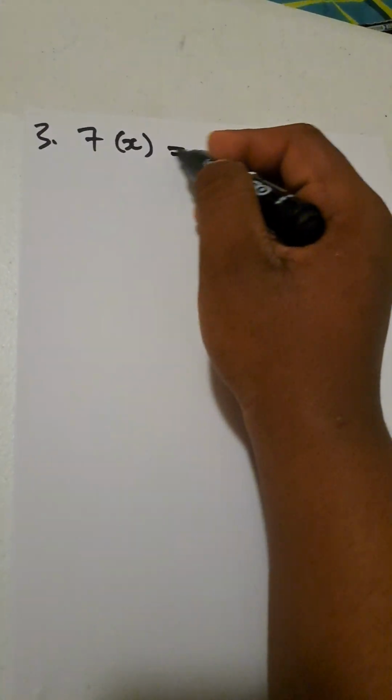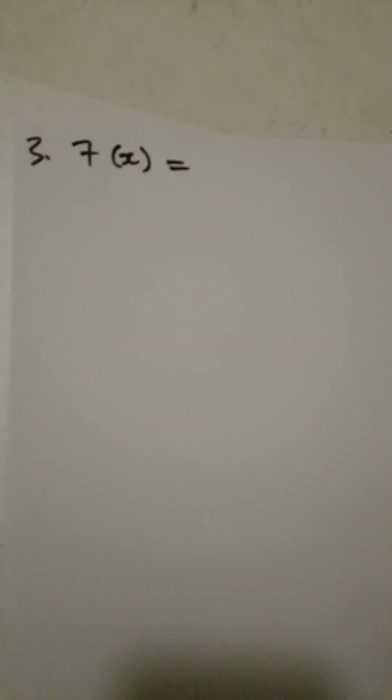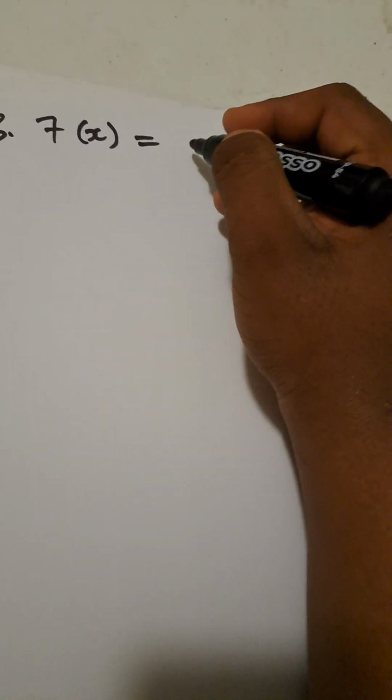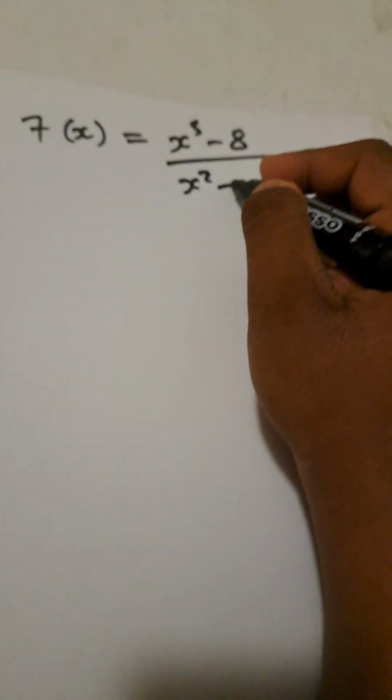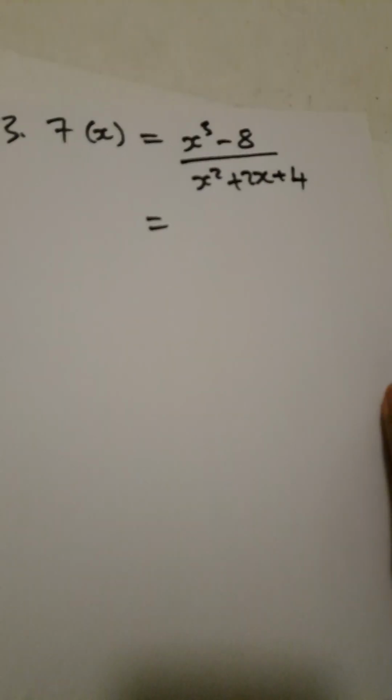Now let's check the last two questions. For the third example, you can have f of x is equal to x cubed minus 8 over x squared plus 2x plus 4. You must simplify before taking the first derivative.